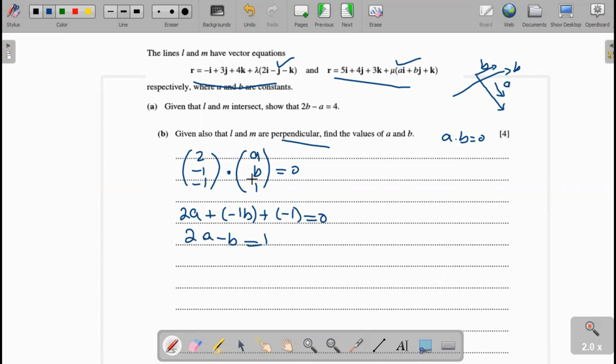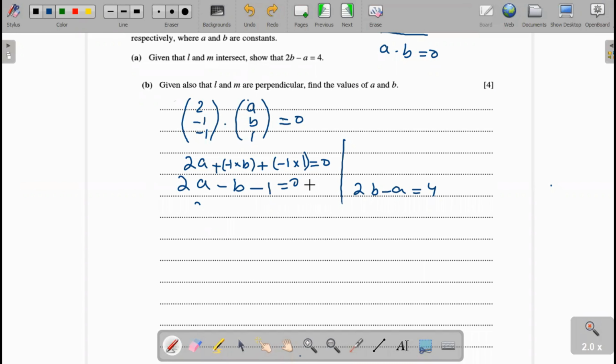This is the first equation, and the second equation is already given here, 2B minus A equal to 4. Now this first equation becomes that B will be equal to 2A minus 1. We shift B from the left to the right side, therefore B will be equal to 2A minus 1.